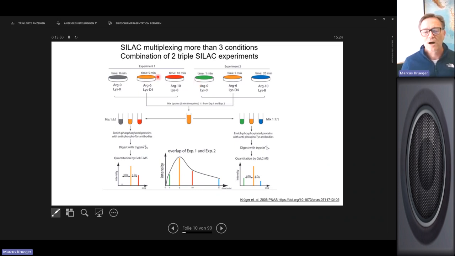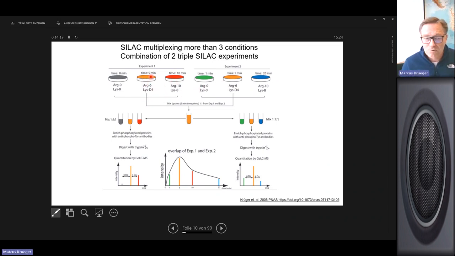And these conditions are a treatment of something, doesn't matter. For no treatment, then we have 5 minutes, we have 10 minutes, and we have 20 minutes, right? And you already see that the 5-minute time point shows up 2 times. So what I did is I mixed up these light, middle, and heavy, right? And then I have a mixture here, and a second experiment.